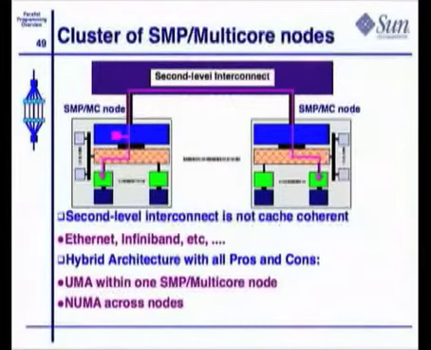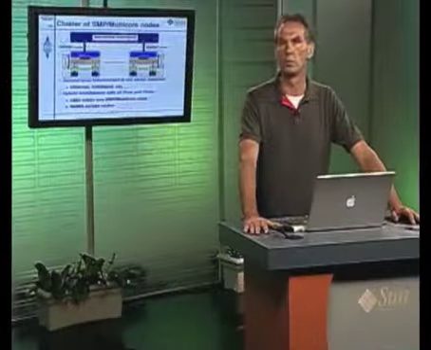And then I combine them through a regular network like Ethernet or InfiniBand or some other network. The key here is that the second level interconnect does not support cache coherence. And again, what that means is that if I make a change within one node, nobody else will know about it unless I do that through software. And that creates what is called a hybrid architecture, and you get the pros and cons of both.